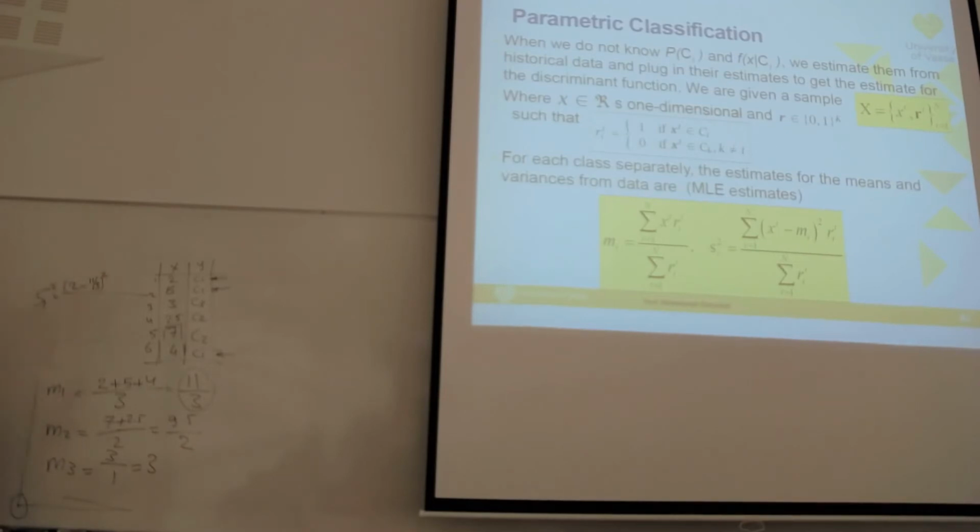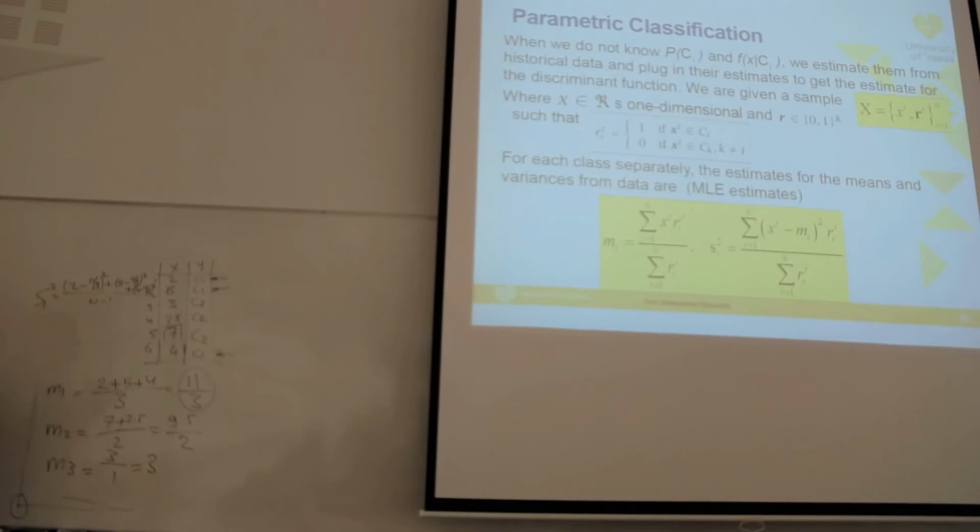This computation is the average of these terms. Plus, what is the second one? It is 5 minus the same 11 divided by 3, squared, plus the third one, where the salary is 4, so it is 4 minus 11 divided by 3, squared, and divide by, if we are looking for the unbiased estimator, actually we should divide by the number minus 1.